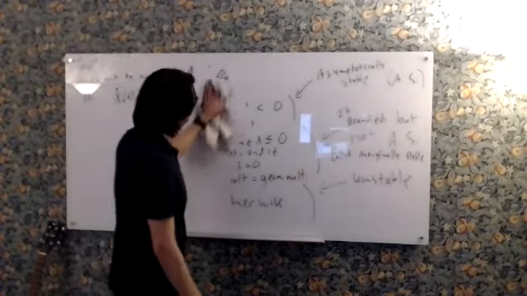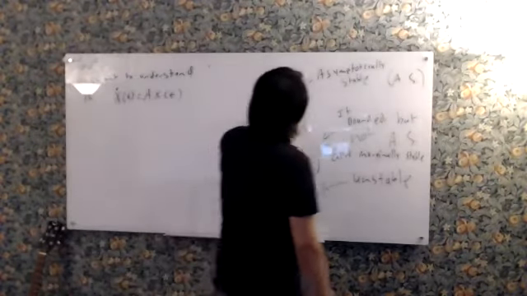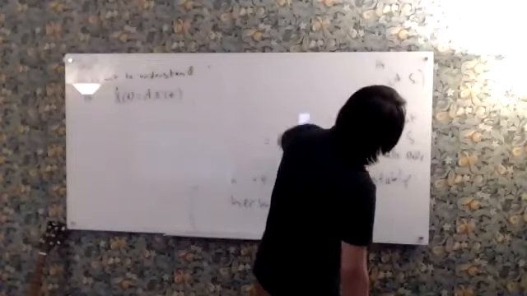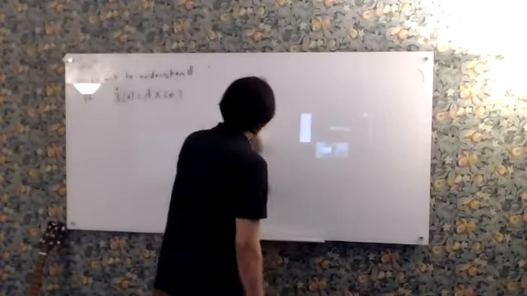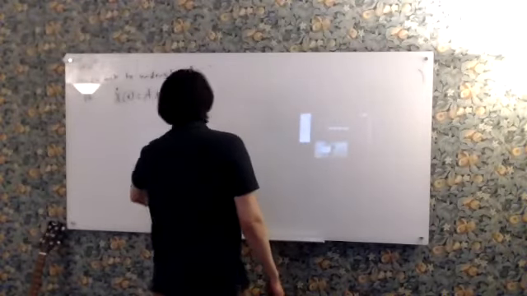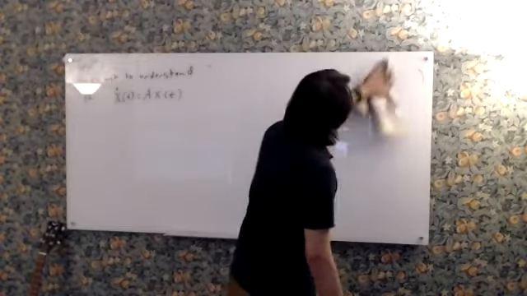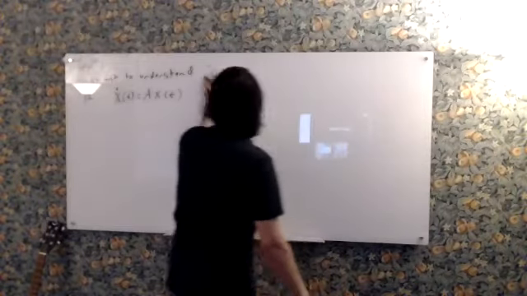Now, what we're going to need in order to show this is what's called the Jordan canonical form.